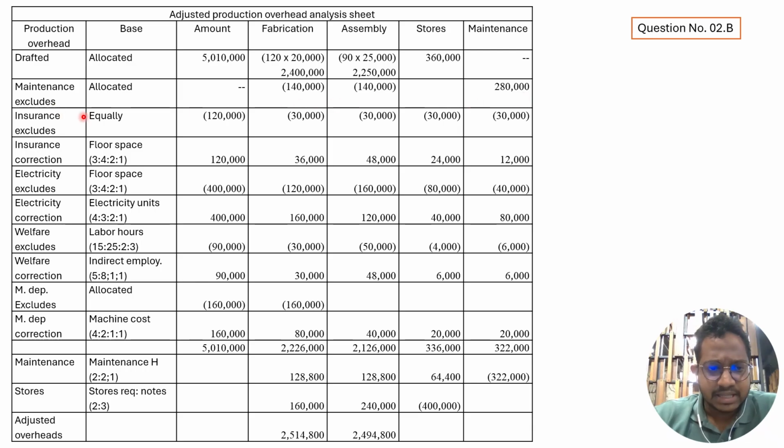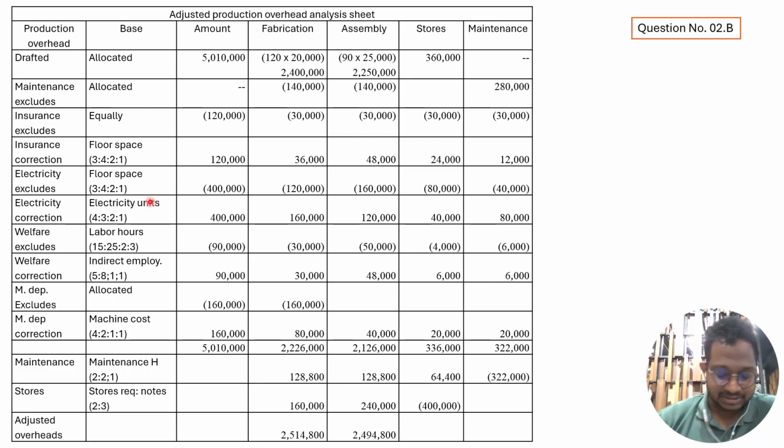And then they appropriated insurance equally for all departments. So you have to exclude that insurance, and then you have to appropriate insurance based on floor space, right? And they distributed electricity as per floor space.